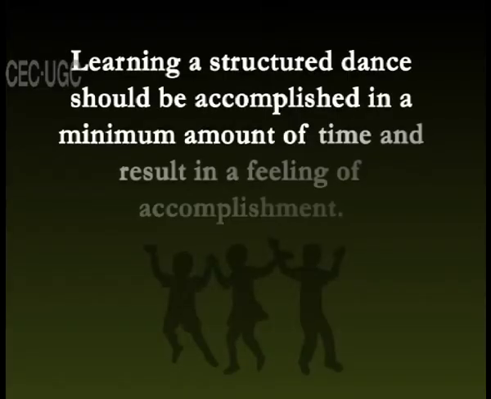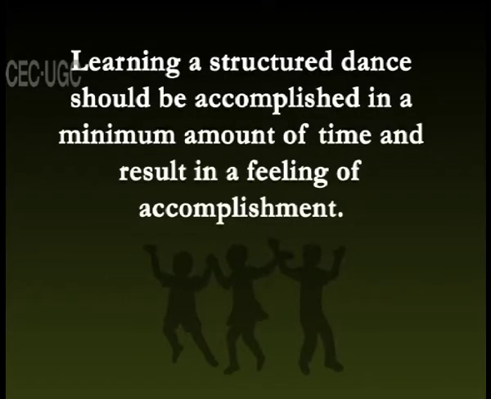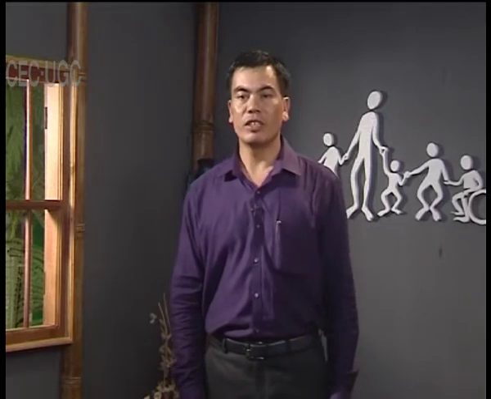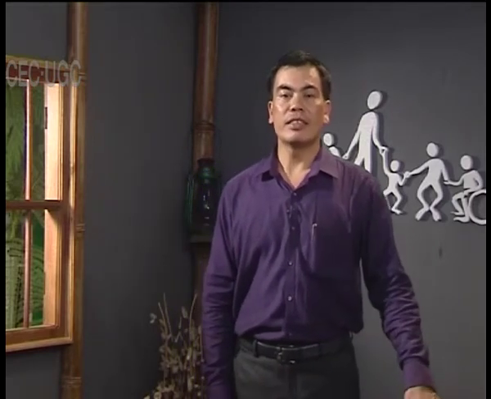Learning a structured dance should be accomplished in a minimum amount of time and result in a feeling of accomplishment. Variations of locomotor and non-locomotor movements previously experienced in rhythmic activities and CED are the basic ingredients.